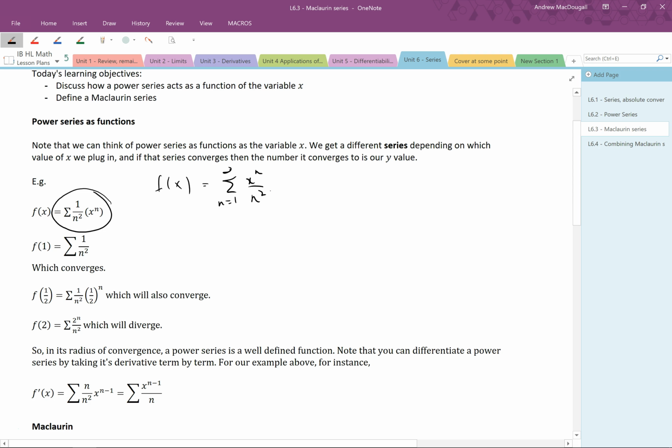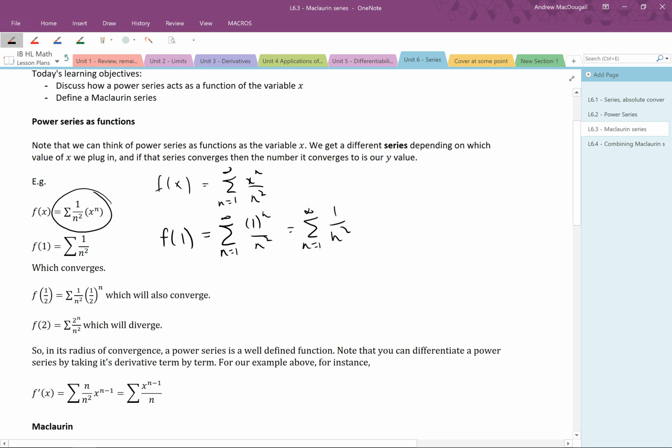I'm allowed to plug in x values. For some values, it will actually make sense because the series will converge. For instance, f of 1 is the sum from n equals 1 to infinity of 1 to the n over n squared, which is 1 over n squared, which is a convergent series.